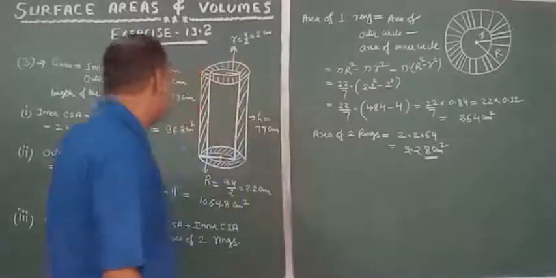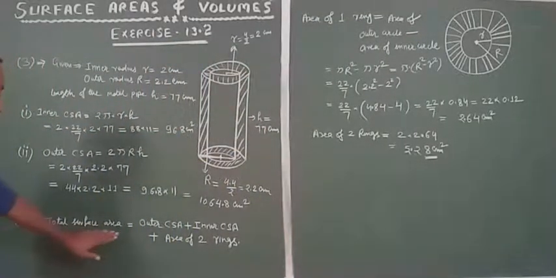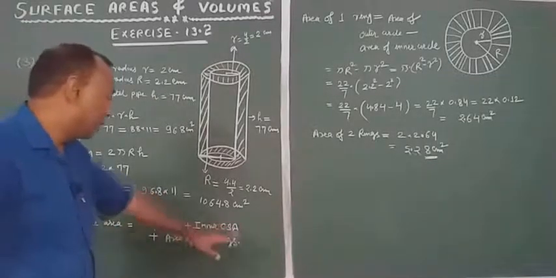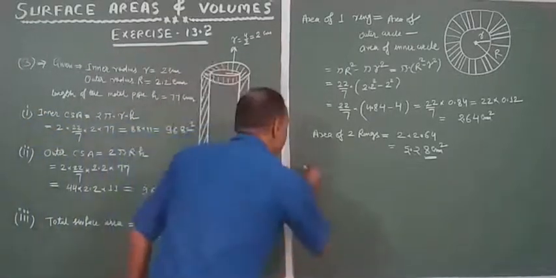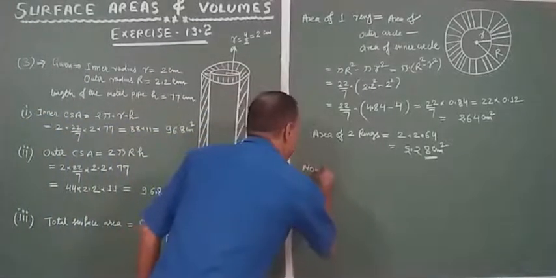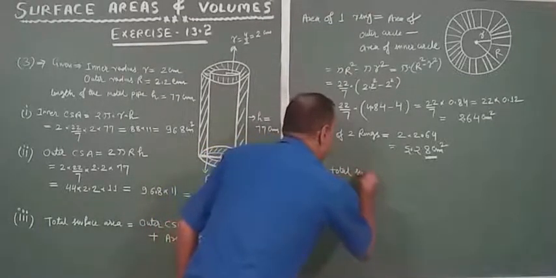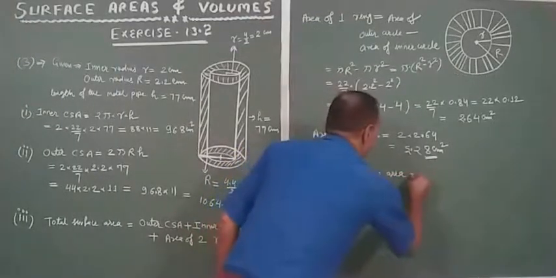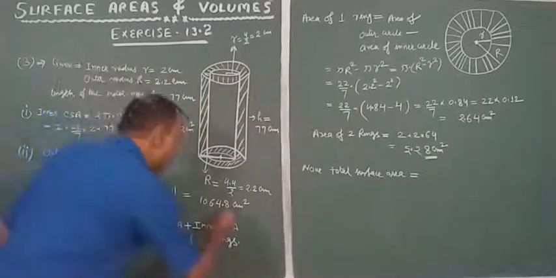Now the question is to find the total surface area. The total surface area is given by outer curved surface area plus inner curved surface area plus area of two rings. So the total surface area will be given by outer CSA. What was the outer CSA?